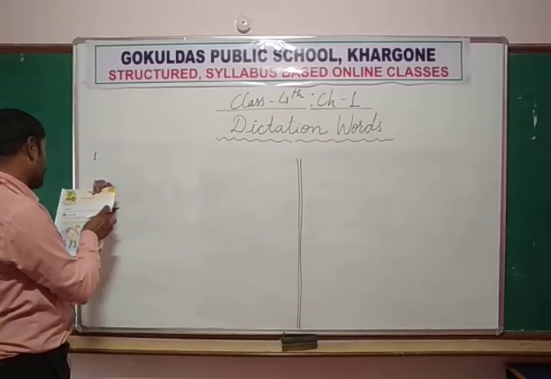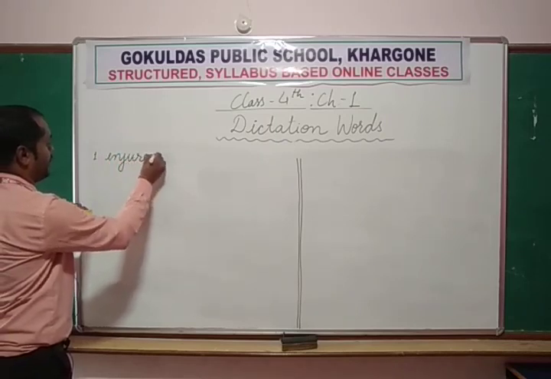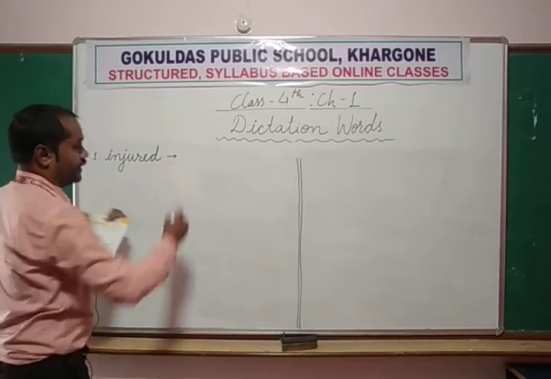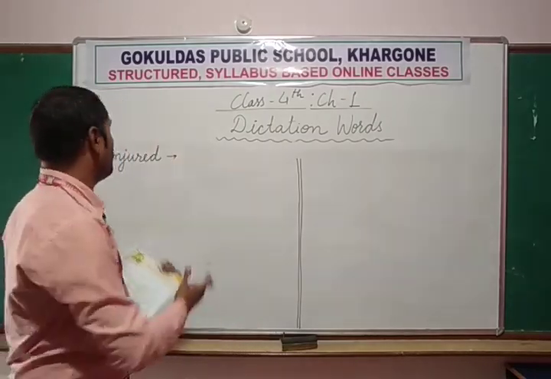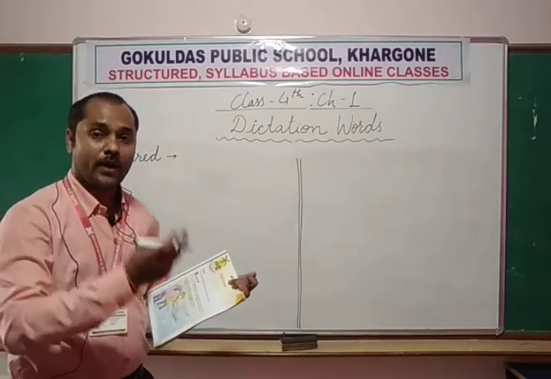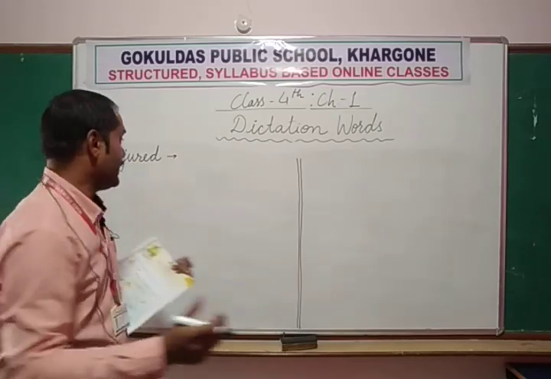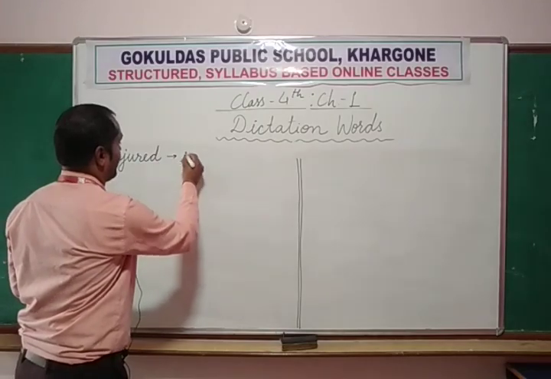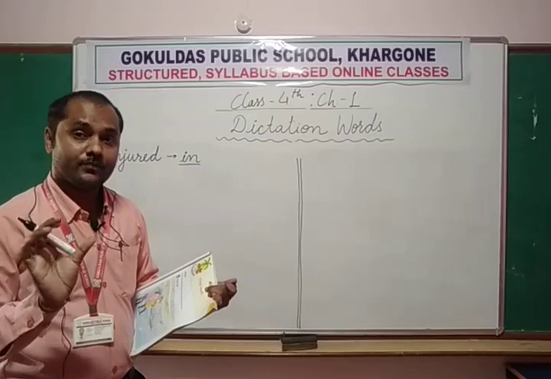First word is injured. INJURED. Injured. Now, how to learn this word? So first we need to divide this long word into small parts, and those parts are called syllables. Okay, so we need to divide it, just like IN. This part is called in.